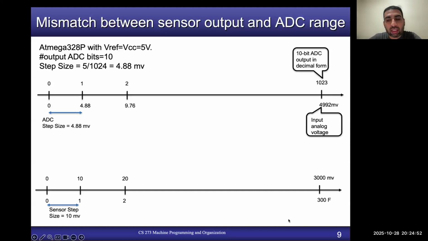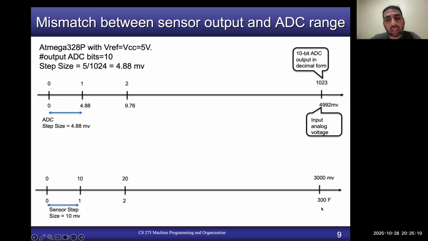Now let's have a look at the sensor. For example, let's talk about LM34, right? The operational range of LM34 is actually -50 to 300 Fahrenheit, but practically it can work from 0 to 300 Fahrenheit.